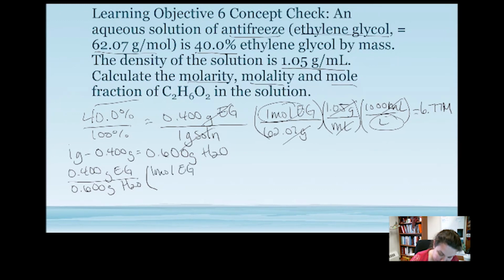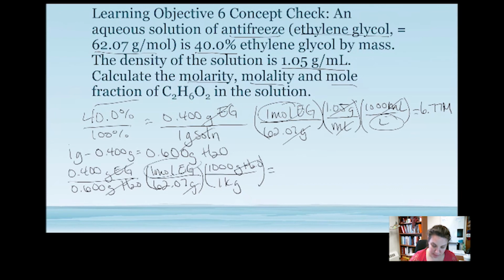So 1 mole of ethylene glycol has a mass of 62.07 grams, and then there's 1,000 grams of water per 1 kilogram of water. We'll cancel out our grams of ethylene glycol, cancel out our grams of water, and be left with moles of ethylene glycol per kilogram of water. And what we get is 10.7 molality, which is a little m.